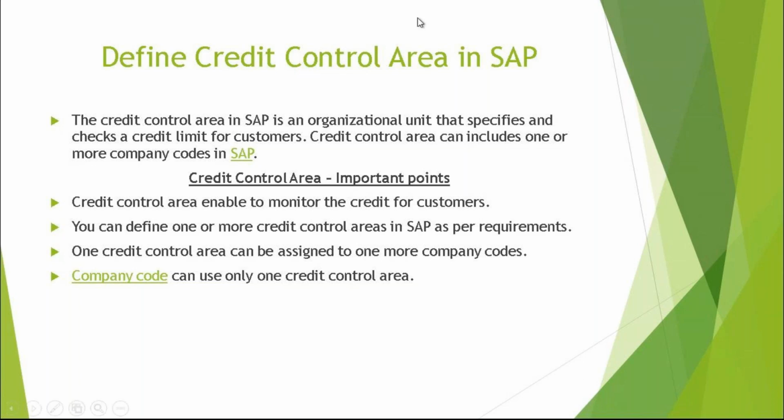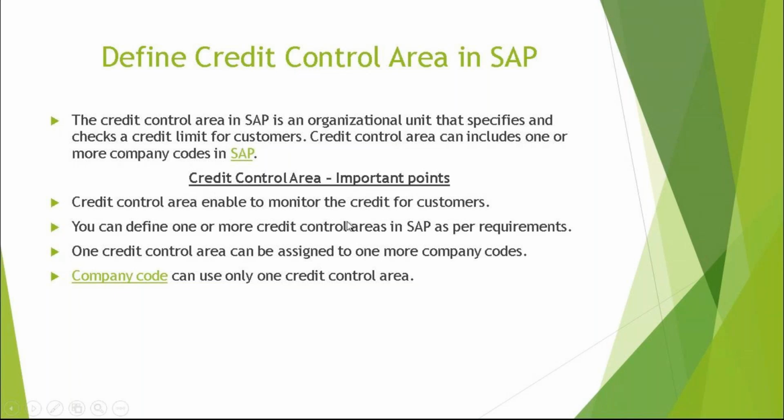So the first one we will be creating is the credit control area. The credit control area is an organizational unit specified to check the credit limits for the customers. A credit control area can include one or more company codes, a number of company codes within it. So the credit control area enables us to monitor the credit for customers.